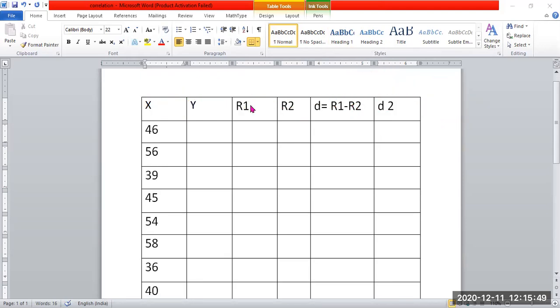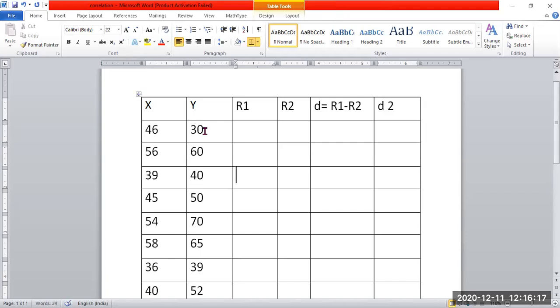Yes, Y column: 30, 60, 40, 50, 70, 65, 39, 52.